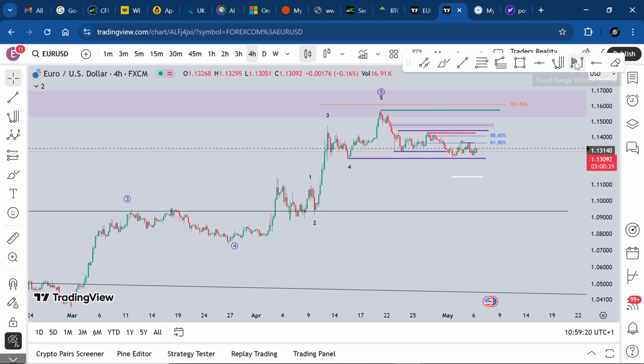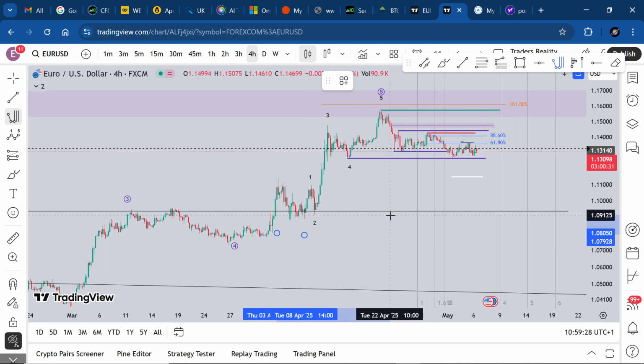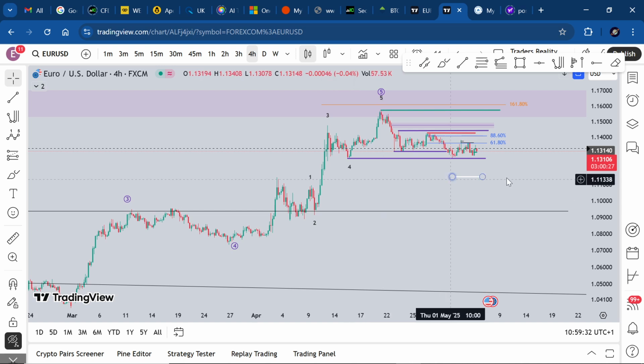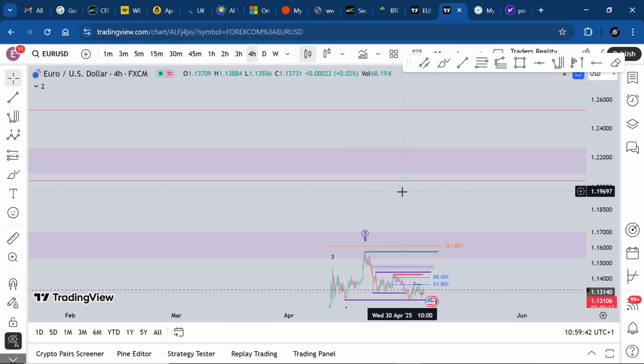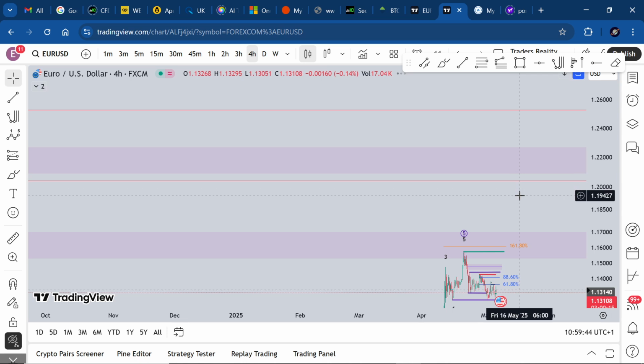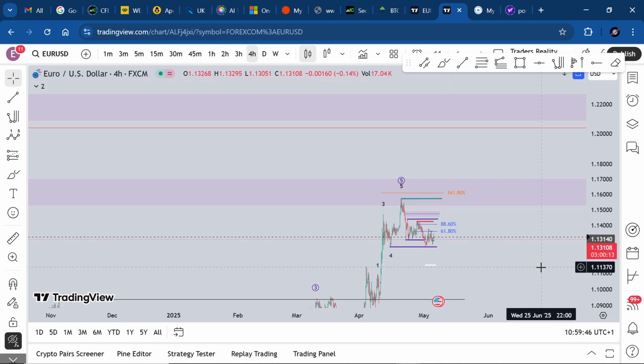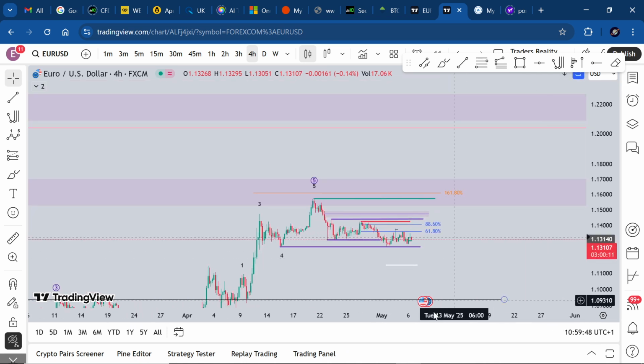But if we use the time as well, this would be our 2 from there to say here. It's in good time, it's okay. So we do have the potential of that as well. So if we go up, make one more high, maybe reach the supply and then we drop. So it's about just paying attention to price in this area.